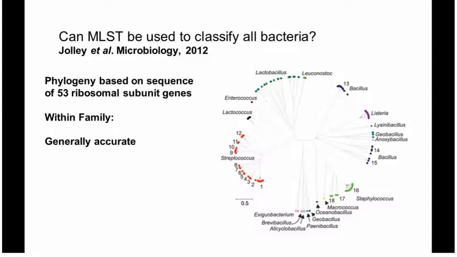What do you have at each one of these bifurcations? You have an evolutionary innovation. It occurs in one group, doesn't occur in the other group.